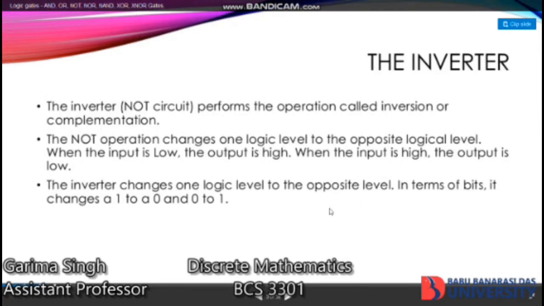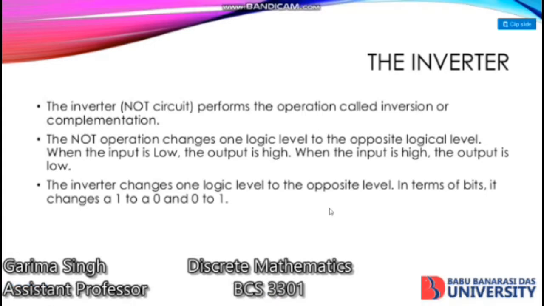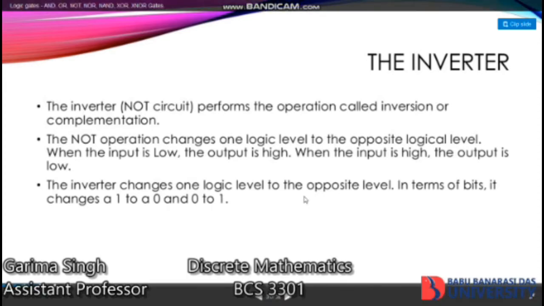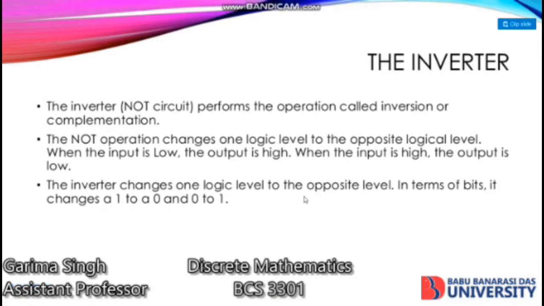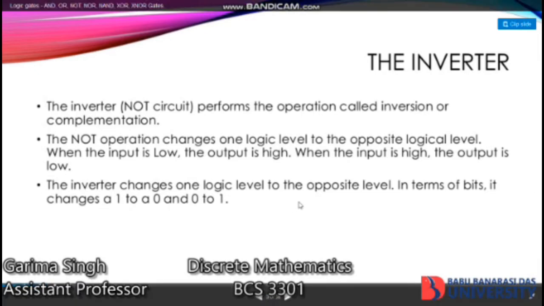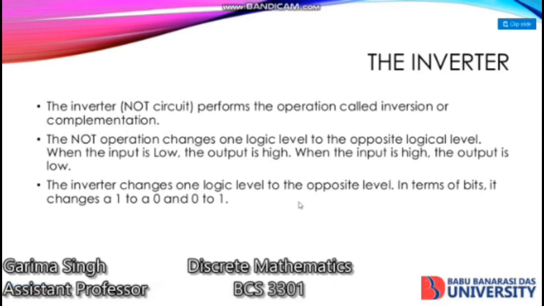What is the inverter? The inverter or the NOT gate performs basically the inverse function. That's why it's called an inverter. It performs the operation called inversion or complementation. The NOT operation changes one logic level to the opposite logic level.